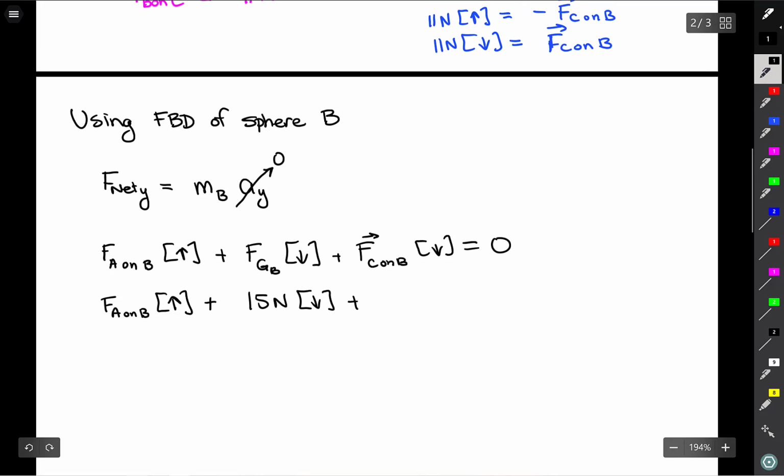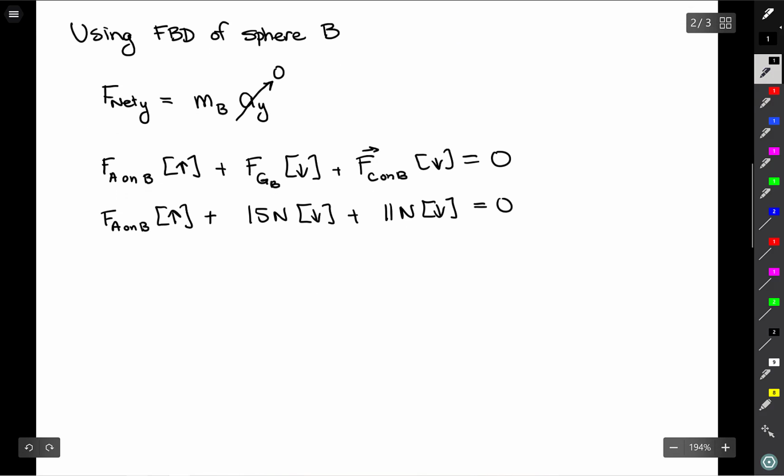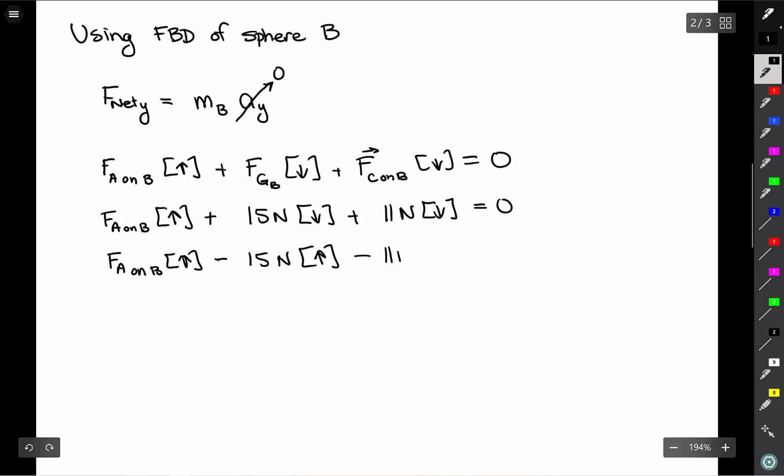Plus, we just found above 11 newtons acting downwards was the interaction or the tension force between spheres C and B. So we have the force of A acting on B, which we said was upwards, minus 15 newtons acting upwards, minus 11 newtons acting upwards is equal to 0.